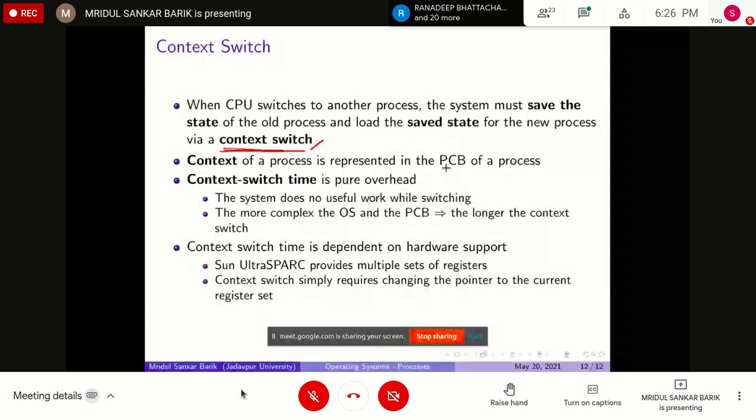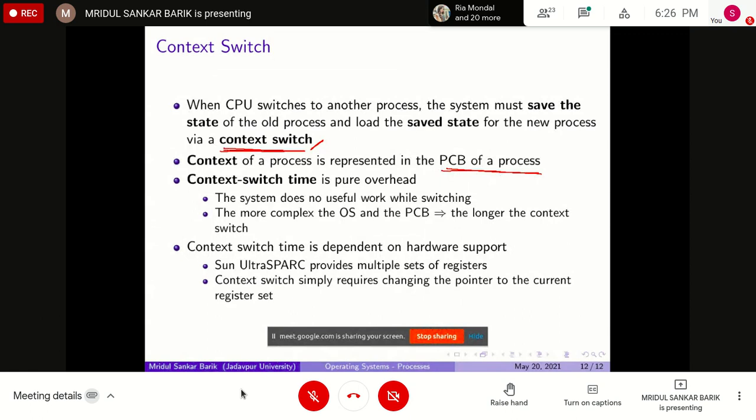As I have already told, each process is represented by a process control block in the operating system itself. So in the operating system's own memory area, each process is represented by a data structure known as the process control block, right? That process control block contains all information regarding the state of a process.